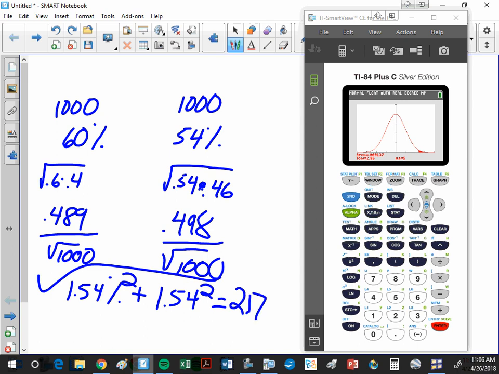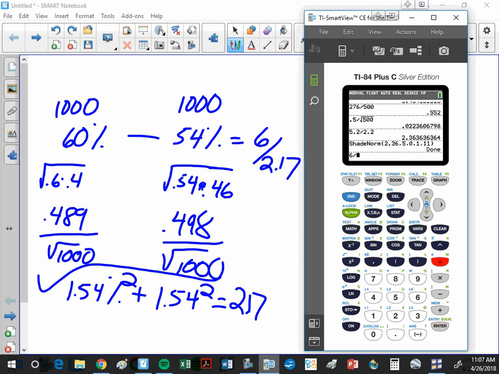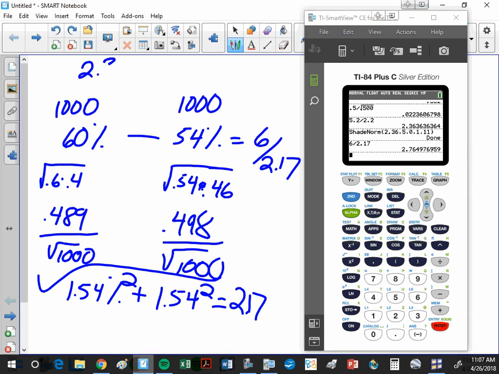Okay. Now what do I do? Z-score. 60 minus 54 is 6. We divide that by 2.17. 6 divided by 2.17, and I get 2.76, which we now know is highly significant because the last one was 2.36, and that was highly significant.